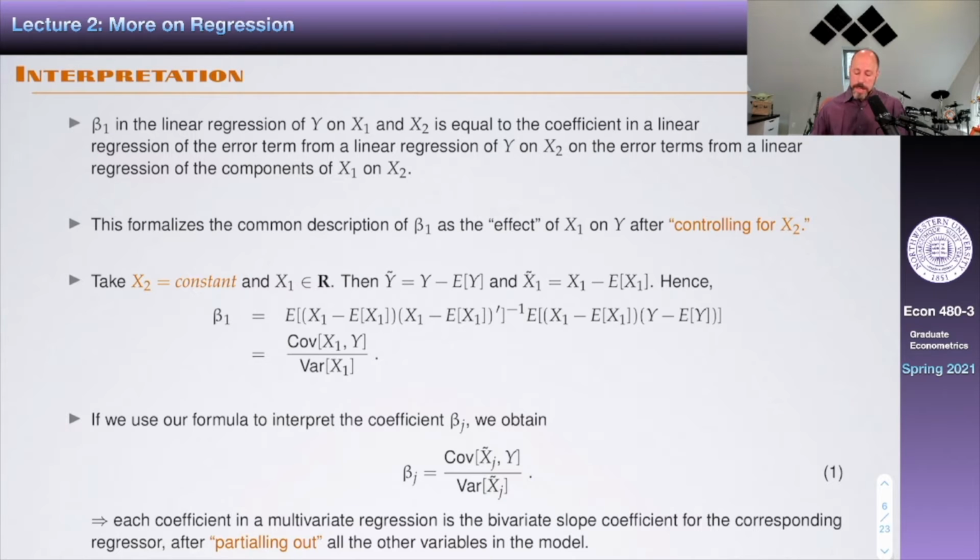If you just compare this expression with this expression, they essentially look the same. And so this way of working out this result gives us this nice interpretation of each of the coefficients or slope parameters that you obtain in a multivariate regression. All right. Questions?